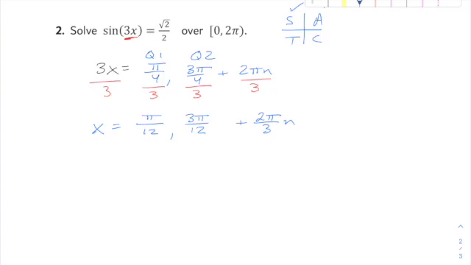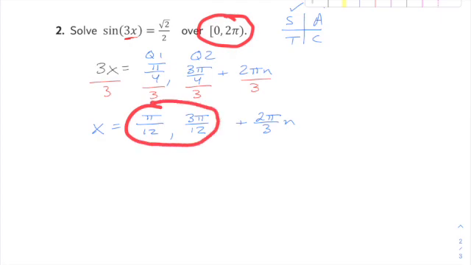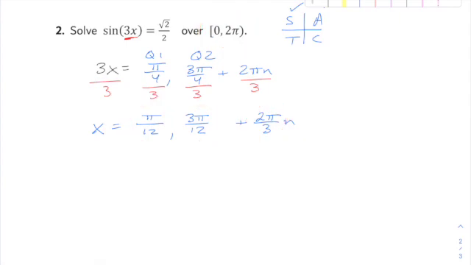And if it just said solve, I would pretty much be done, except now it says solve over this interval 0 to 2 pi specifically, which means you have to find all the individual values in this interval. So I have the first two right here, where I finally solved for x after I divided by 3, but to find the others that are in this interval 0 to 2 pi, I have to actually add 2 pi over 3 to each one of them.